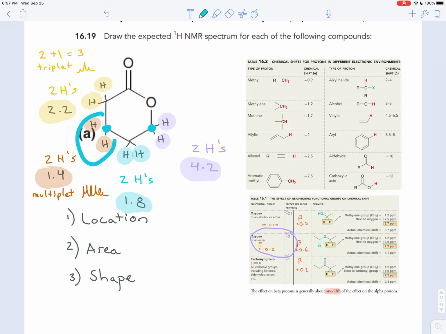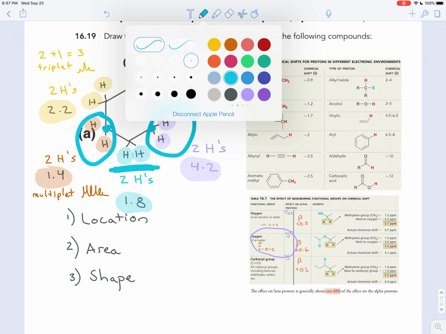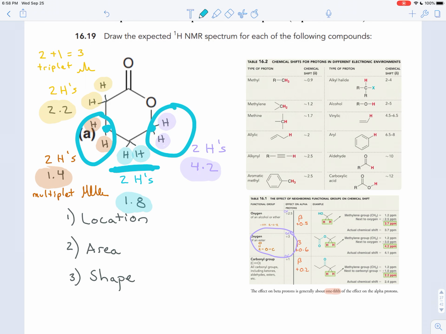But notice that this is in one electronic environment, that's in a different electronic environment. When hydrogens in different electronic environments surround hydrogens, the signal for the hydrogens between them becomes a multiplet. It gets messy. And so that would show up as a bunch of squiggles that are difficult to read. And so just to clarify that that's what you mean, if you draw that in, write in multiplet next to it.